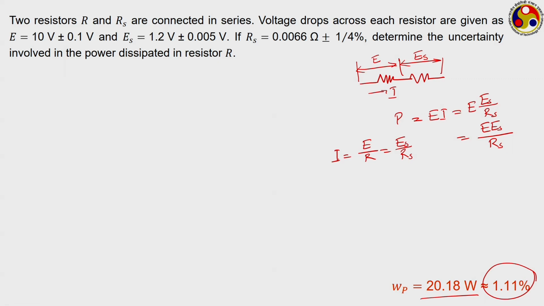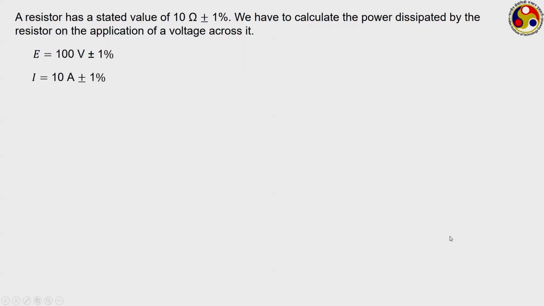I will leave you with a couple of exercise problems which you please try to do till the next lecture. In one case, I have given you a resistor which has a stated value of 10 ohm with an uncertainty of 1%. We have to calculate the power dissipated by the resistor on the application of a voltage across it. Both value and uncertainty in the corresponding voltage and current are given.